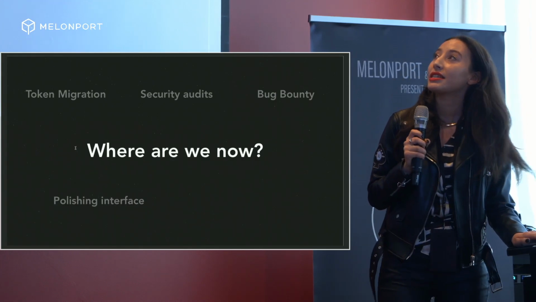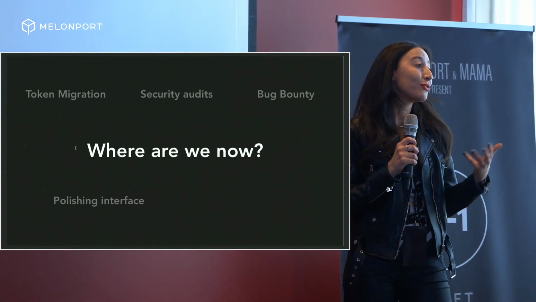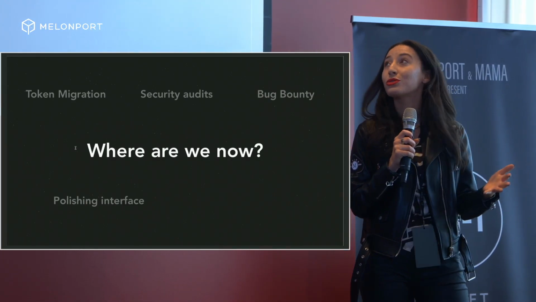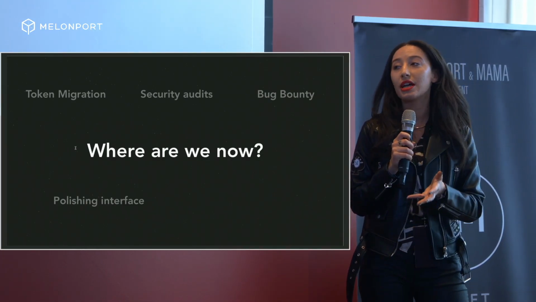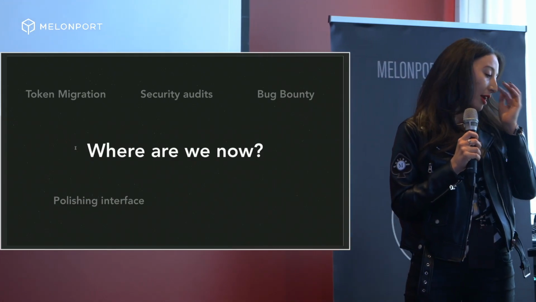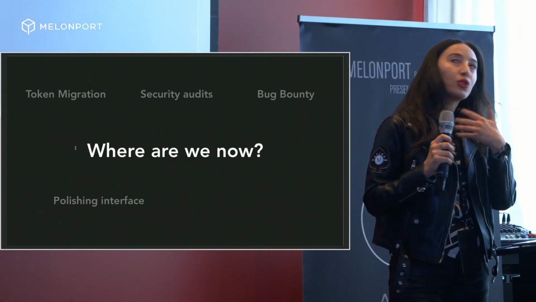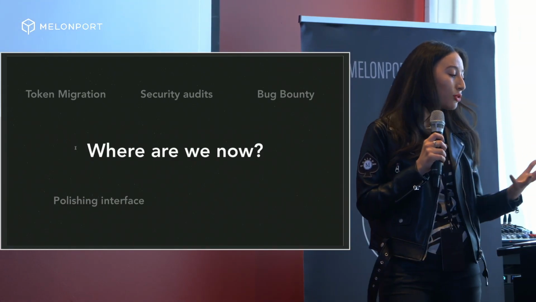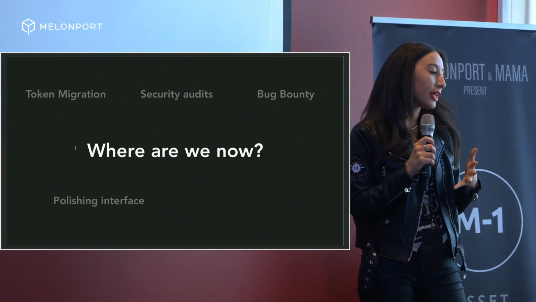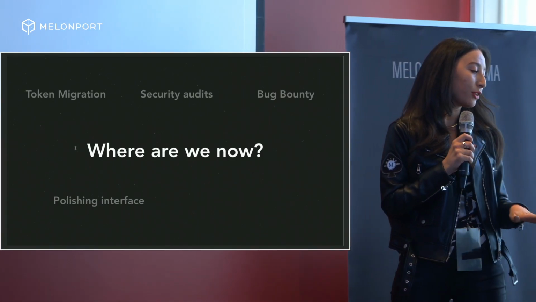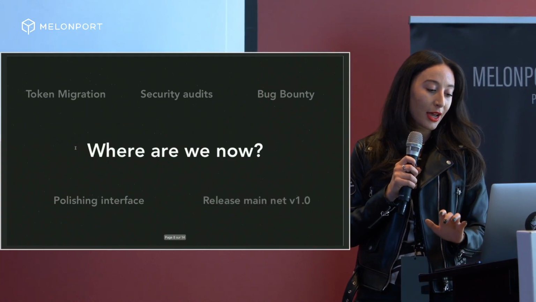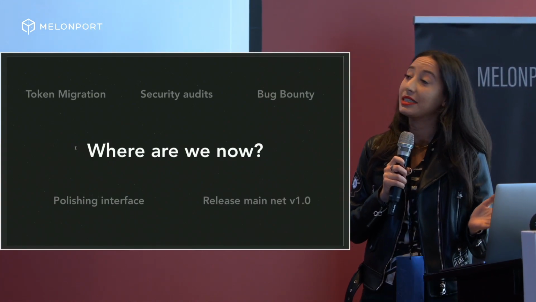Then the interface that you have seen is fully functional. We're actually very proud, and I also want to congratulate the front-end team because it is a lot of hard work. But as you could see as well, there are some details that need to be polished, so that's what we're going to be doing in the next few weeks until end of February. And then finally, the release.